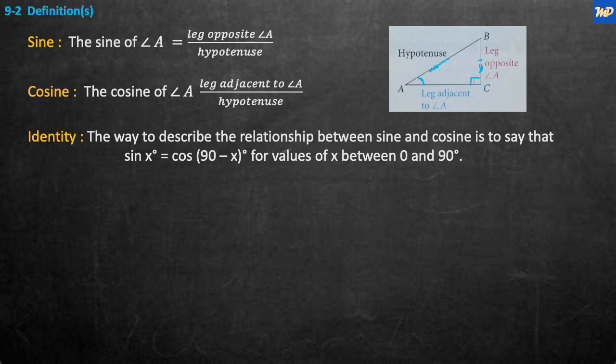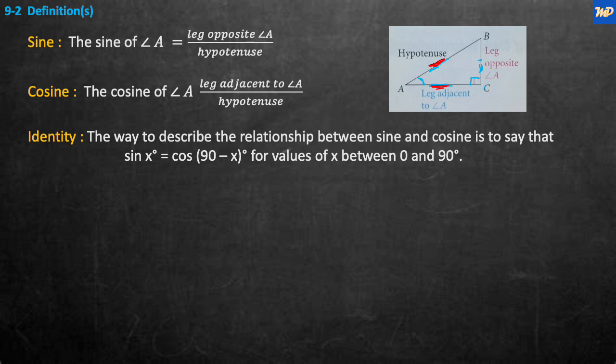The cosine of angle A is the leg adjacent to angle A. That one's AC, I'll change colors here, AC divided by the hypotenuse, the length of AC divided by the length of AB. That's the cosine.